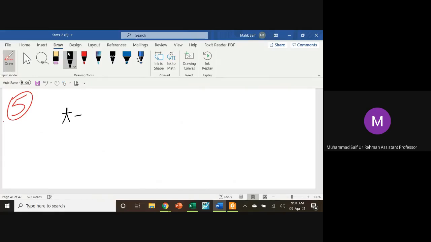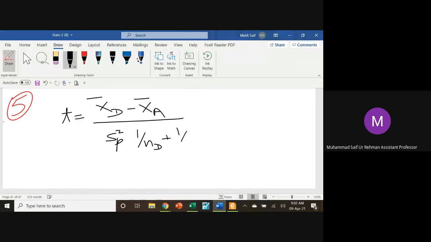T is equal to, so this is basically T calculated, XD bar minus XA bar, these are means, so put bar over there, divided by the square root of SP square times 1 over ND plus 1 over NA in this particular case. This is the formula that you will write down again.